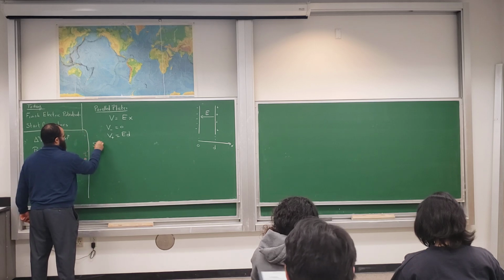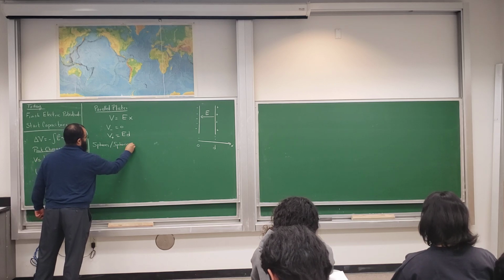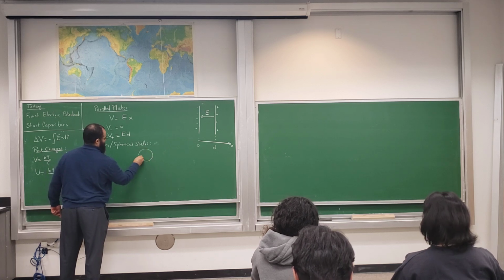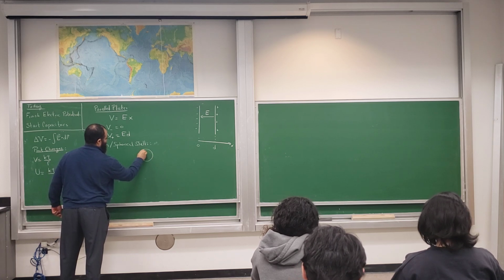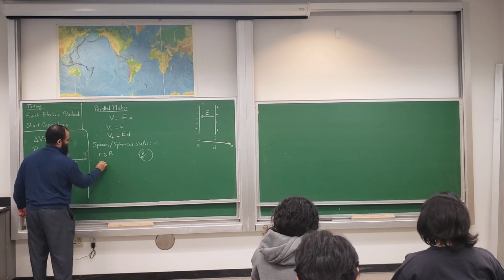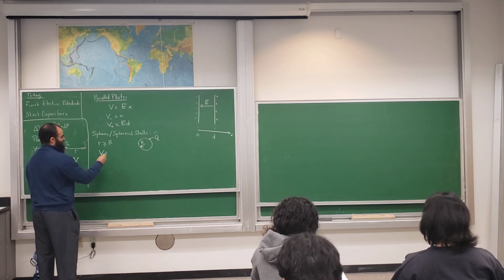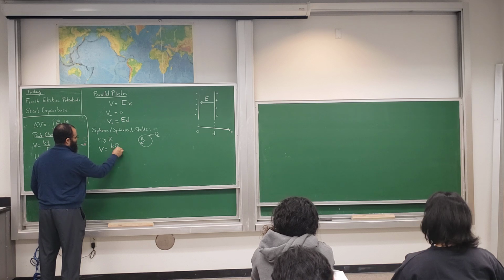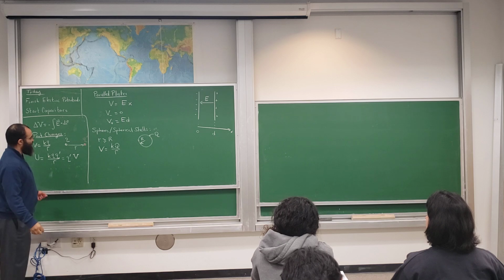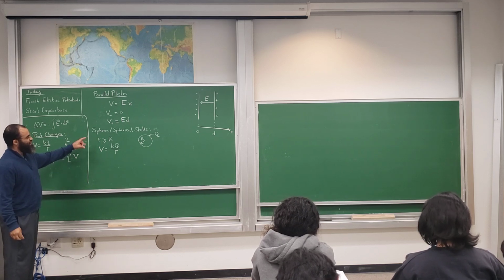So for spheres and spherical shells, here the radius is capital R. For r greater than or equal to capital R, with charge Q, the potential is KQ over r when you're outside. And that's it.